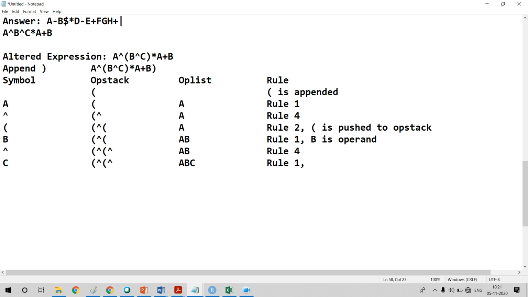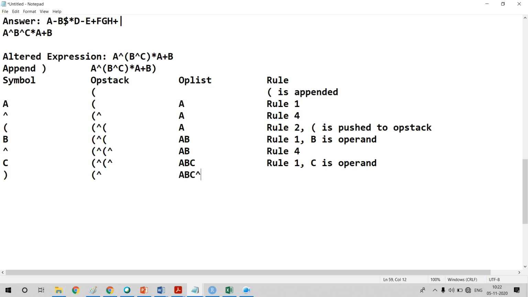Rule number 1 says if it is operand, add that to OP list. Next symbol is closing bracket. Remove all the symbols till corresponding open bracket. The removed symbol must be appended at the end of OP list because of rule number 3.